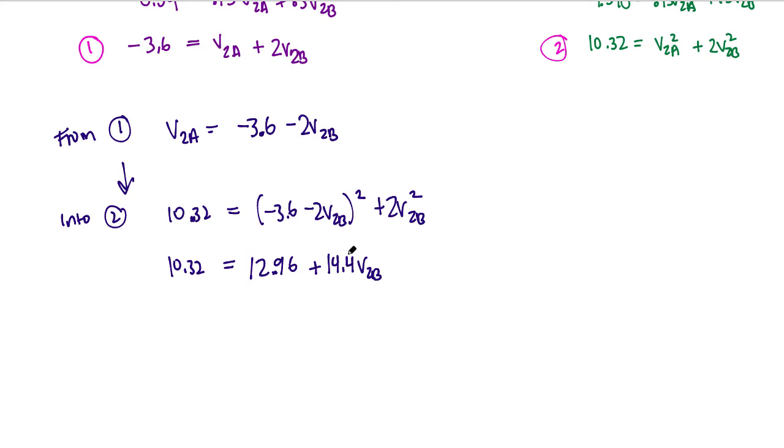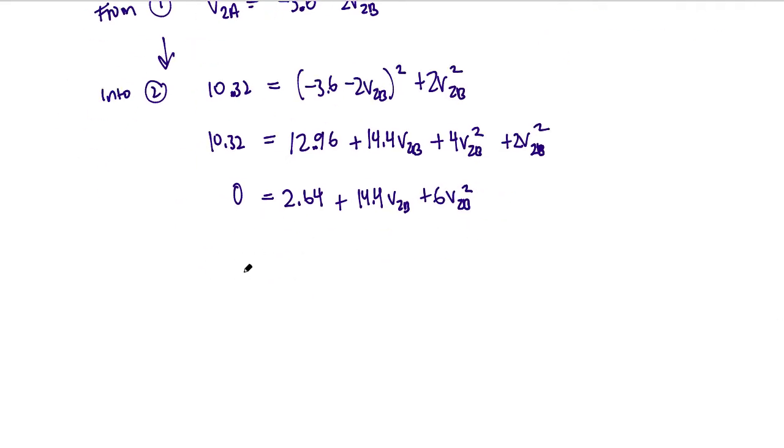And finally we'll have plus 4 V2B squared. So that's plus 2 more V2B squared. Collecting all of these terms and setting it equal to 0, we would have 12.96 minus 10.32, which is a constant value of 2.64, plus 14.4 V2B plus 6 V2B squared. At this point, we need to use some kind of quadratic solver.